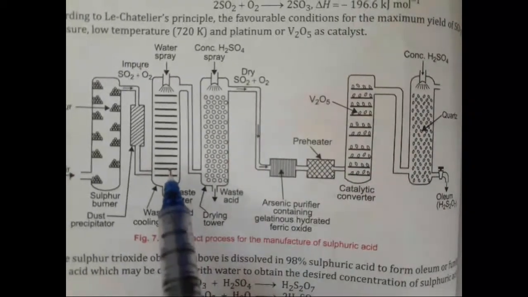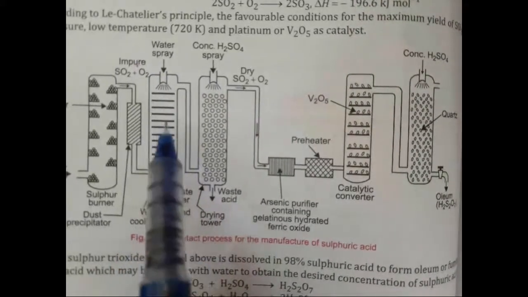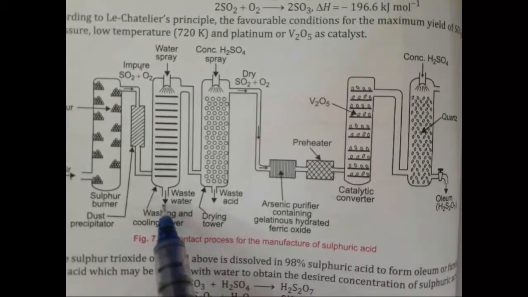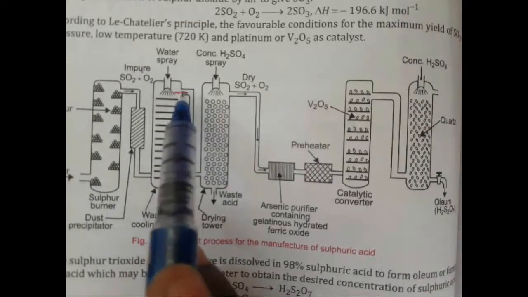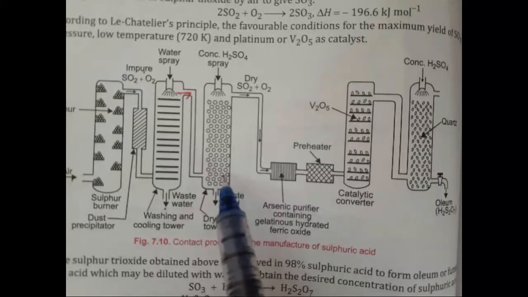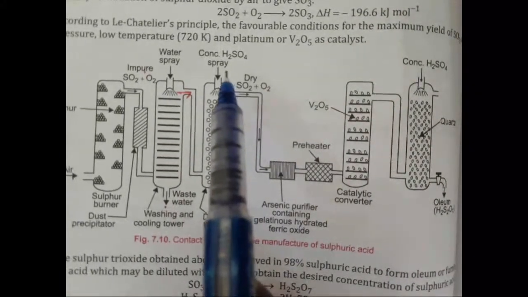The next chamber is the washing and cooling tower. Here water is sprayed in order to remove the impurities. The waste water comes out through the outlet present here, and then sulfur dioxide and oxygen are passed to the drying tower, where concentrated sulfuric acid is sprayed.